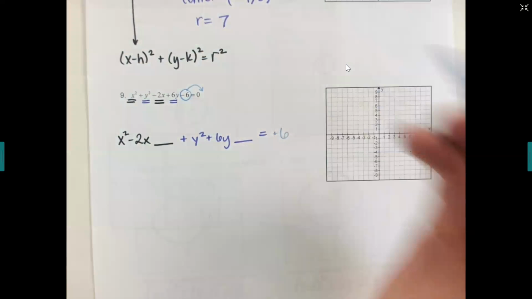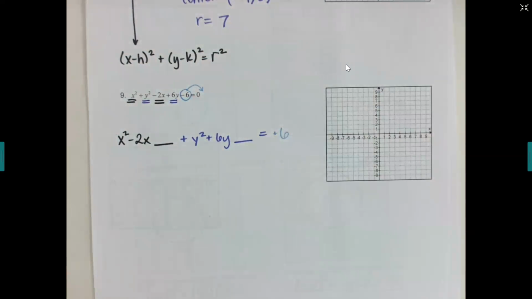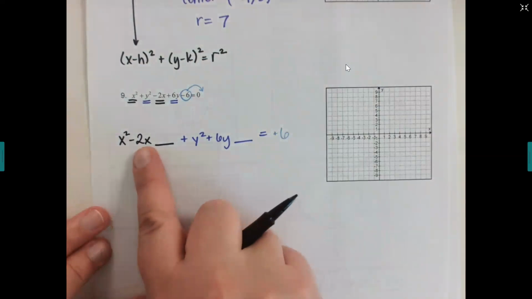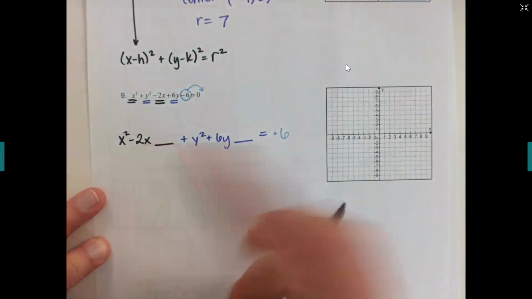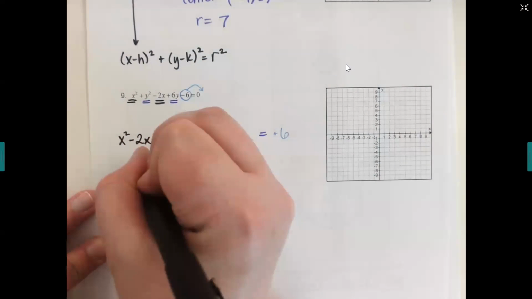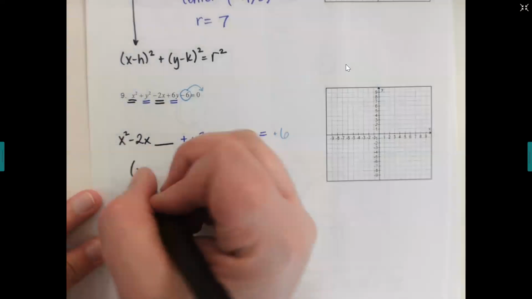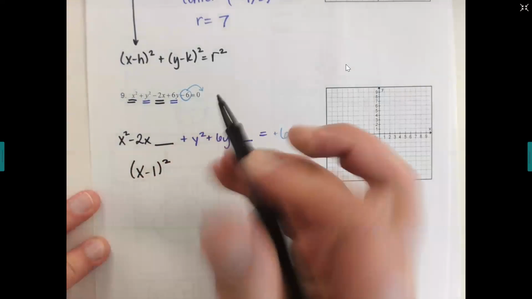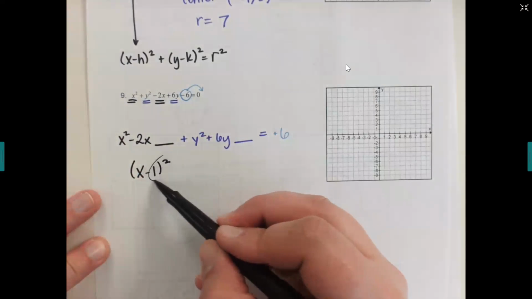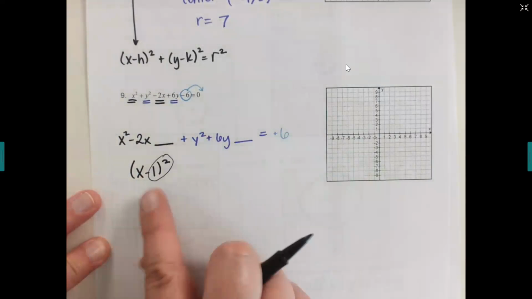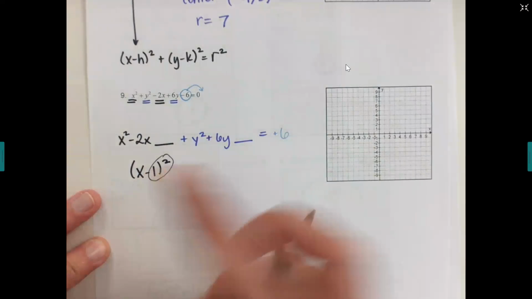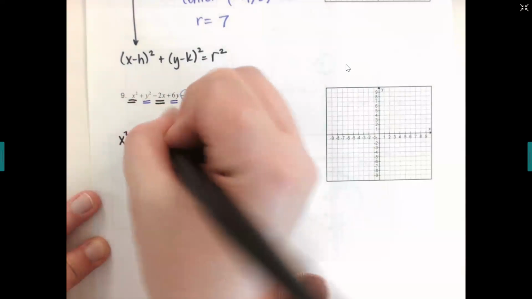Plus 6. Very good. Okay, from there, remember, complete the square, you can only take half. So in the middle here, it's a -2. What's half of that? Half of 2 would be 1, -1. And then what's 1 squared for me to fill in the blank? 1 times 1 is 1 again, always plus.